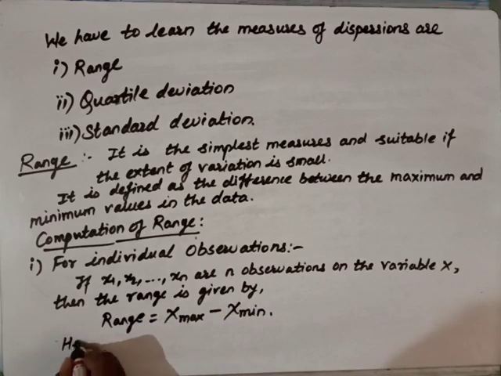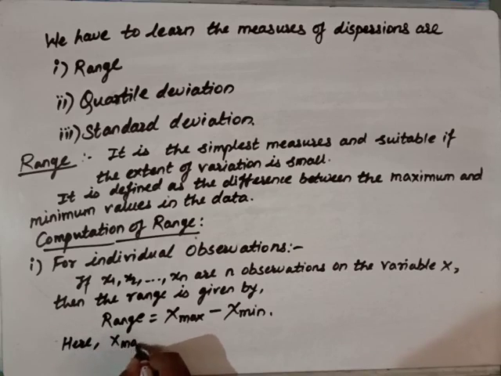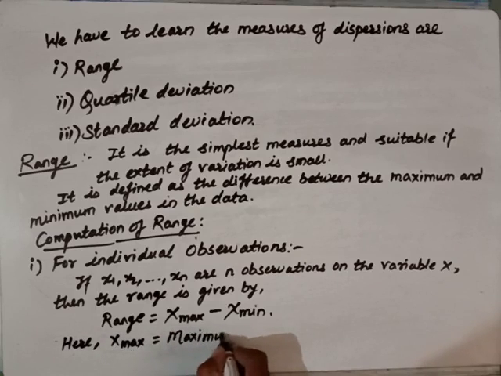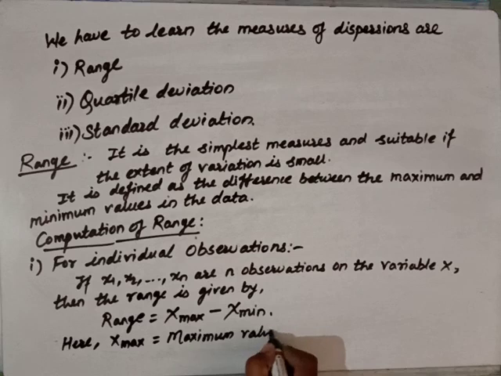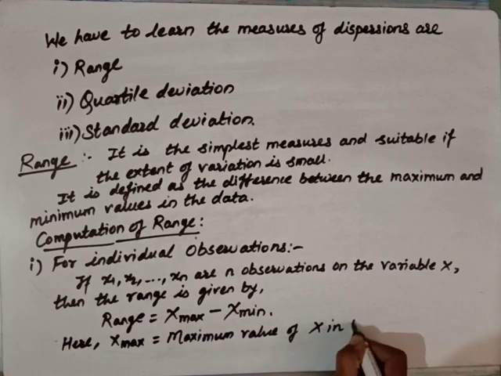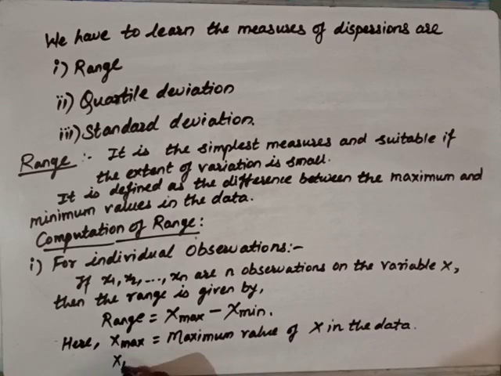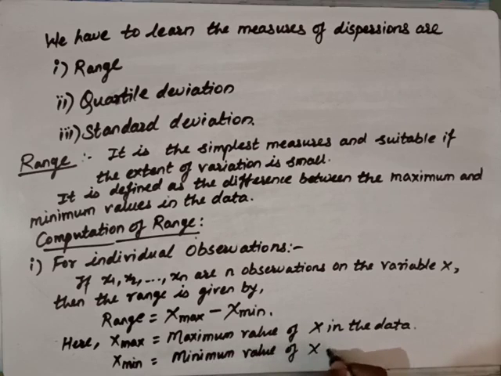Here, x maximum is the maximum value of x in the data, and x minimum is the minimum value of x in the data.